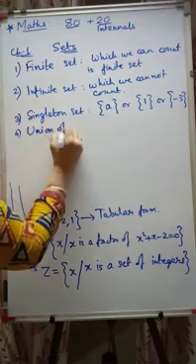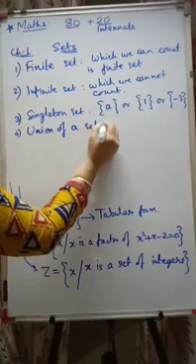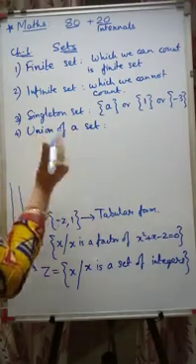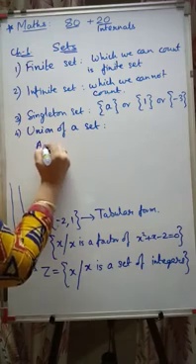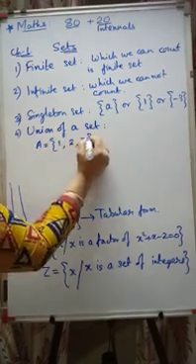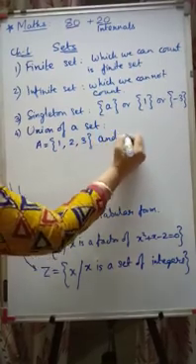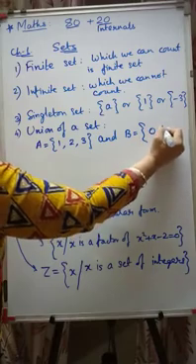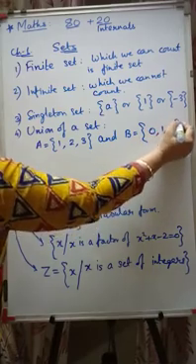What do you mean by the union of sets? Suppose A is equal to 1, 2, 3 and another set B is equal to 0, 1, 4.